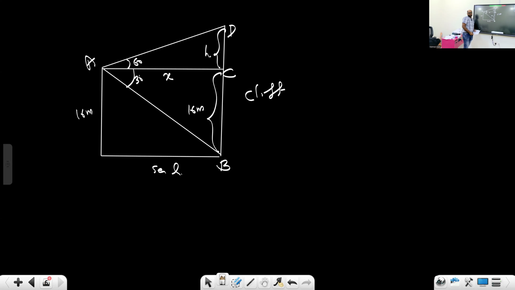It is an easy question. I told you level 1 means everything almost similar. Easy questions only now. Sometimes level 3 will be there, like climbing a mountain: one observes from the ground, angle of elevation, and after climbing a little, again angle of elevation. That sometimes will come after the pre-board. The first pre-board is all the basic things, everything has to be perfect.